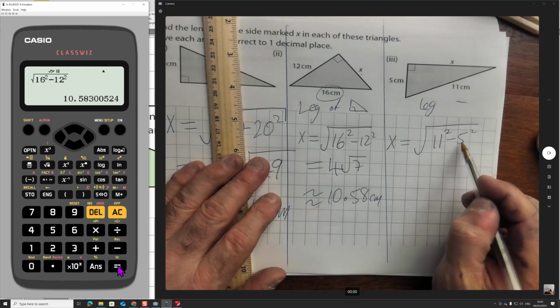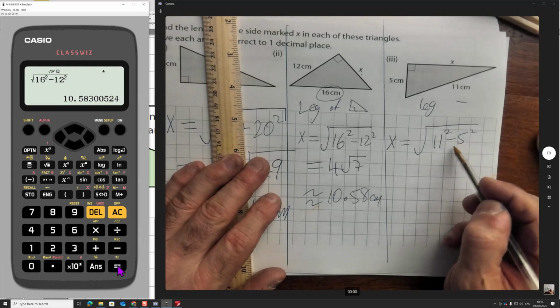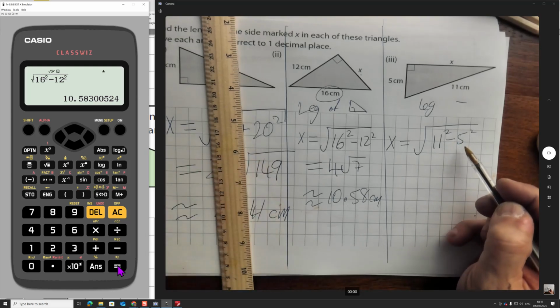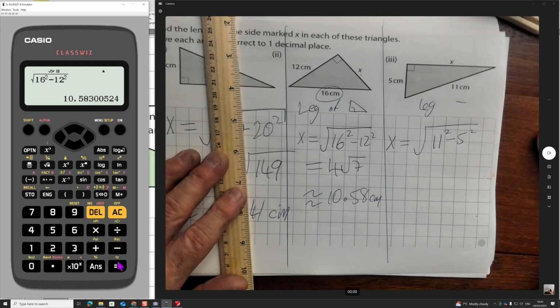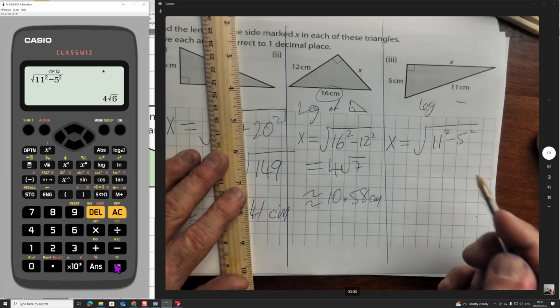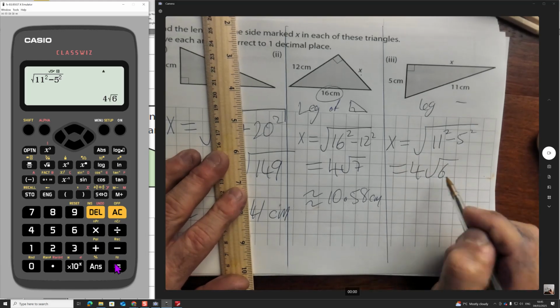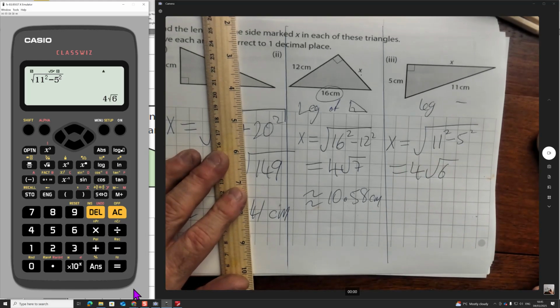And if these are just 2 apart or 1 apart, we could use the difference of 2 squares, mental maths, not worth it. Clear, square, big square first, minus little square second, equals, shift equals.